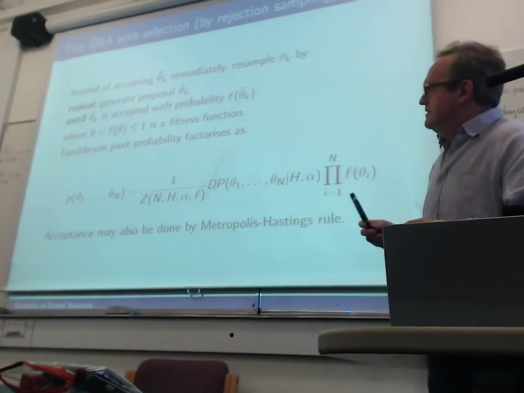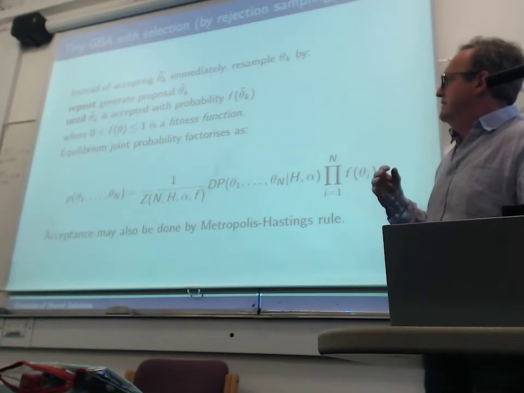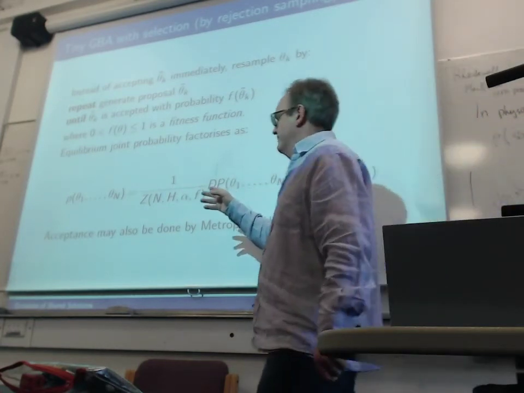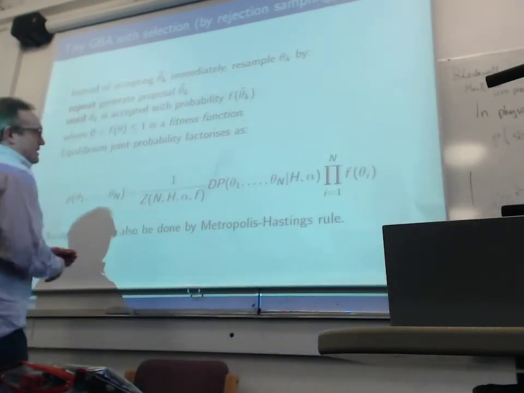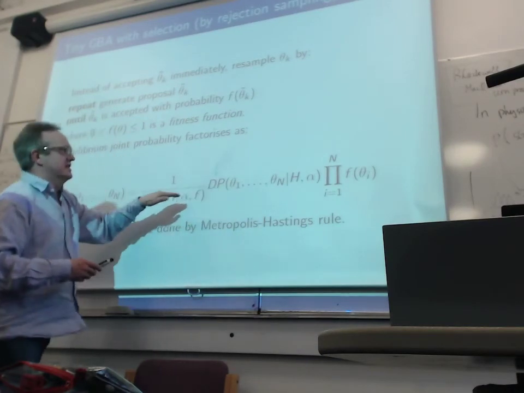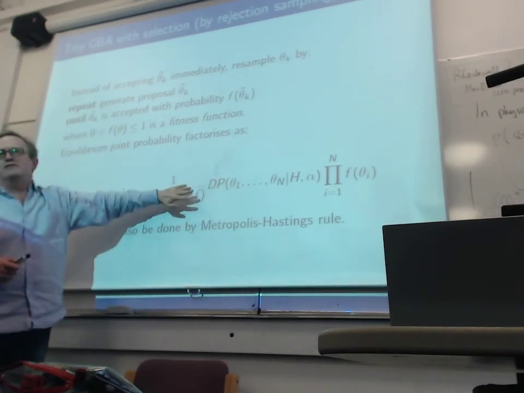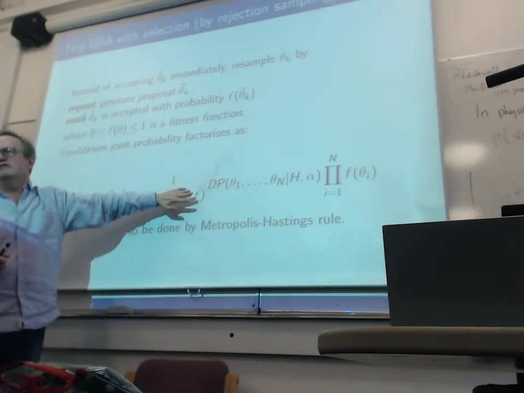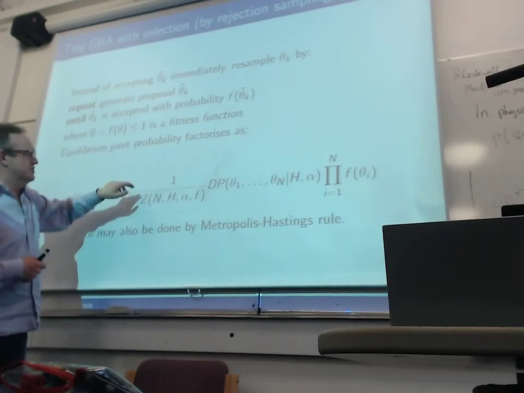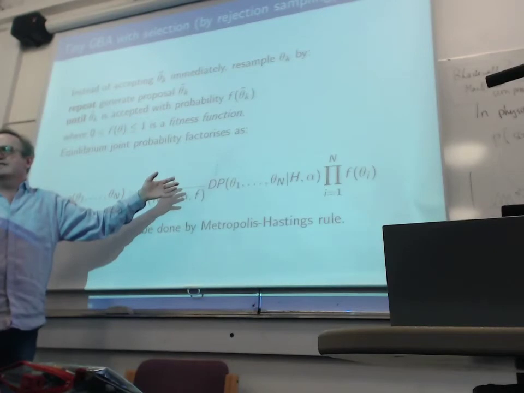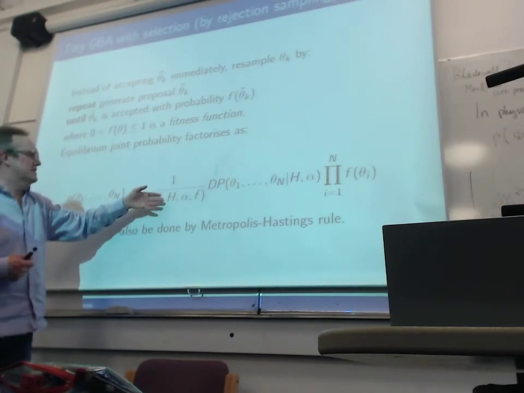Let's suppose that this is our joint distribution. This 1 over z. Have you seen these 1 over z's all over the place yet? The other way of putting it is it's proportional to, and then there's some normalization factor. Okay? 1 over z.